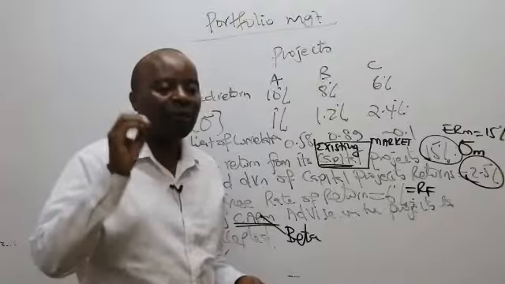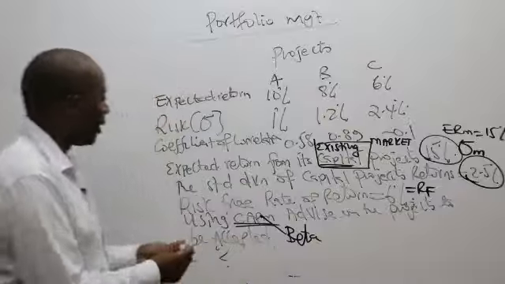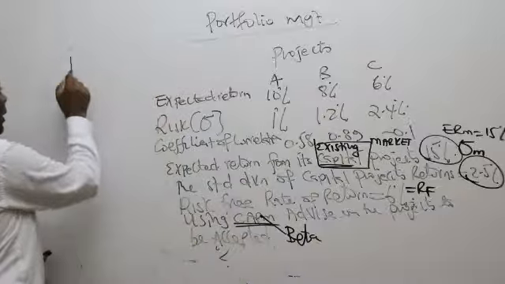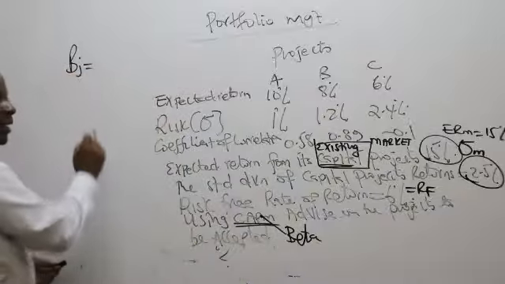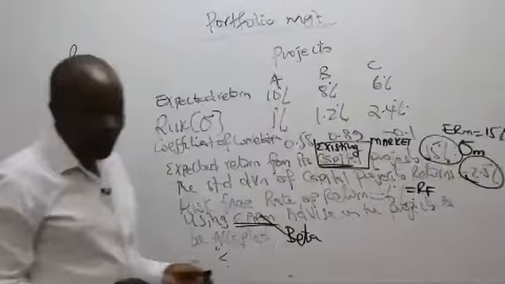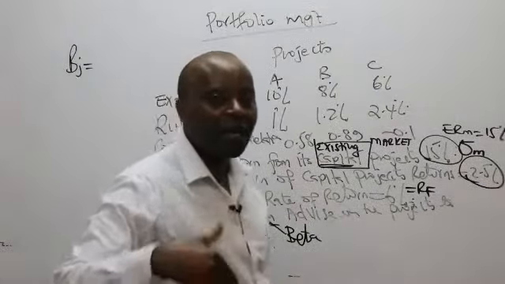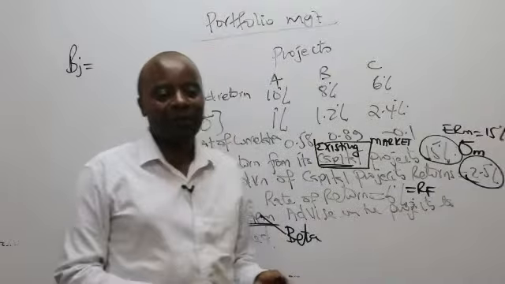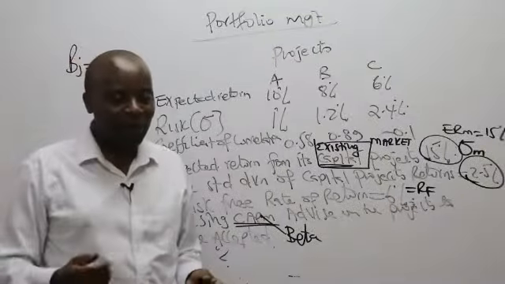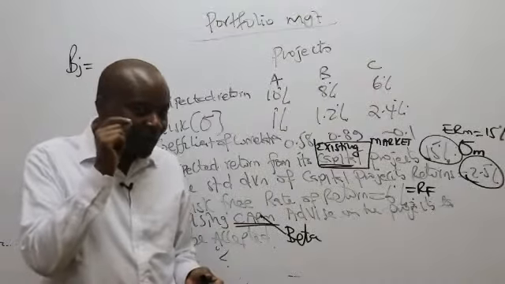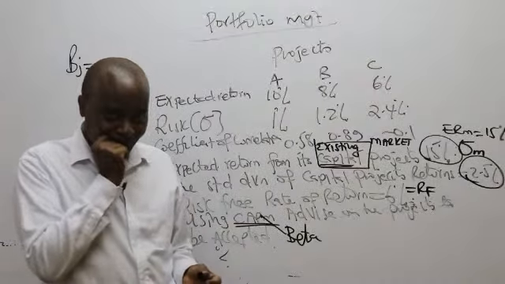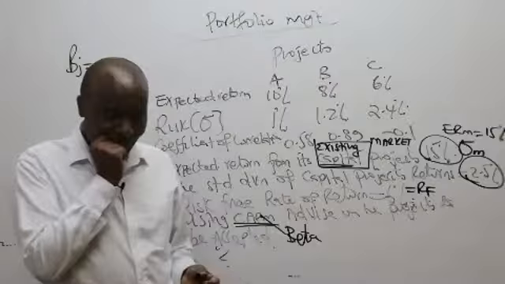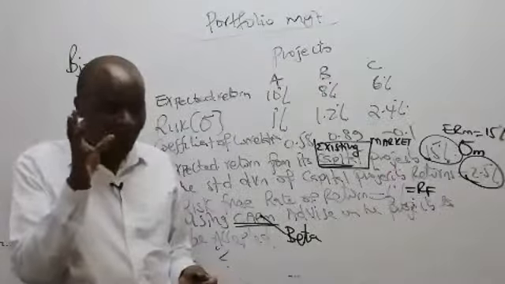Who is able to remember those formulas of calculating BJ? Can somebody remind us? BJ equals what? There are 2 formulas: the covariance approach and the correlation approach.